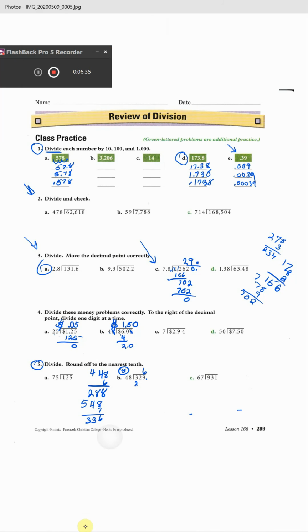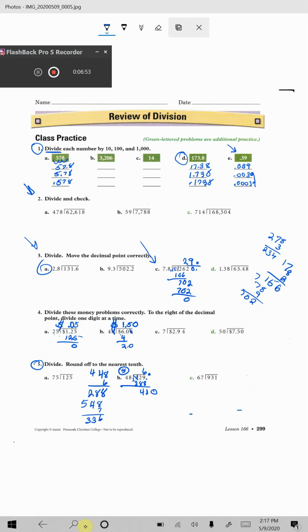We'll make a 288. We're going to round it to the nearest tenth, which means we'll take it out to the hundredths if we need to. Get 41. Now we're going to bring down a 0. Put that decimal there. 48 into 410. 50 into 40 would be 8 times, so let's try 8. 15, 25.